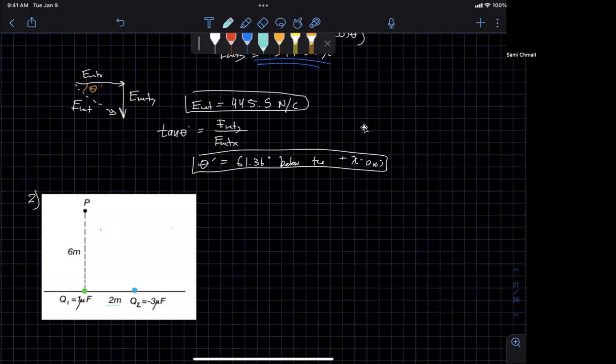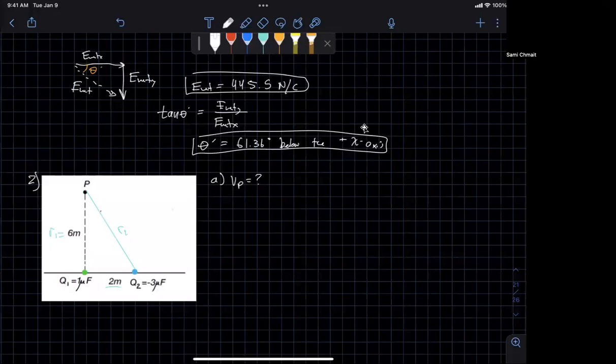So I think it's a good idea to just label these again. Let's call this R1, and we'll call this R2. We already know what R2 is equal to. So we're asked for electric potential. We're solving for the voltage of a point charge, or just VP, right? Let's call it VP. So what is that equal to? Well, the potential there is going to be interacting with the charge at position 1 and position 2, I'm sorry, charges 1 and 2.